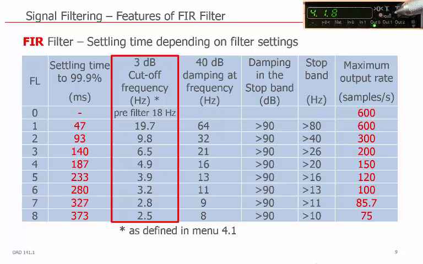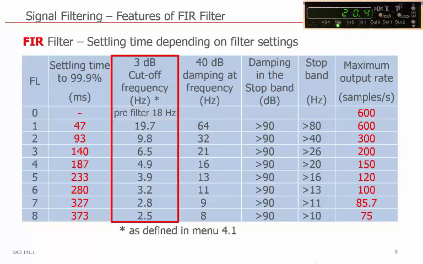Signal filtering. Features of an FIR filter. The table shows the settling time depending on the filter settings. The column 3 dB cutoff frequency shows the filter setting. Set up FL0 to FL8. You see, the lowest filter is 2.5 Hz.